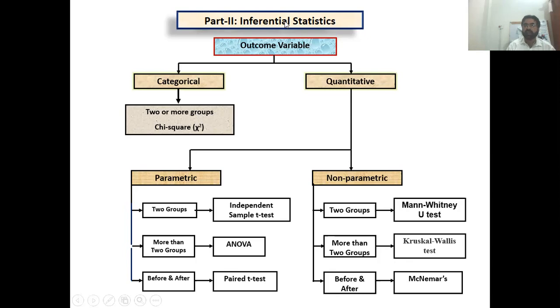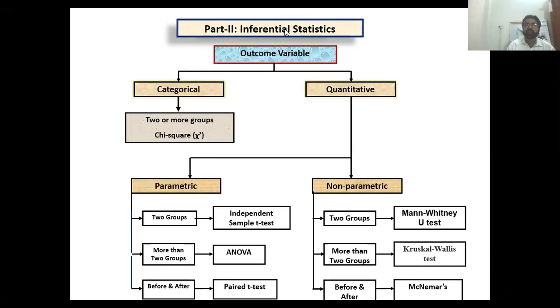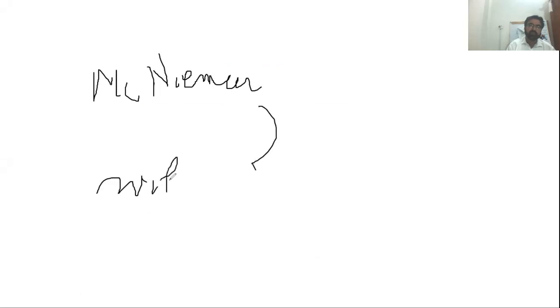Let me write the McNemar test. Instead of the McNemar test, there is a mistake. You have to apply the Wilcoxon sign rank test.